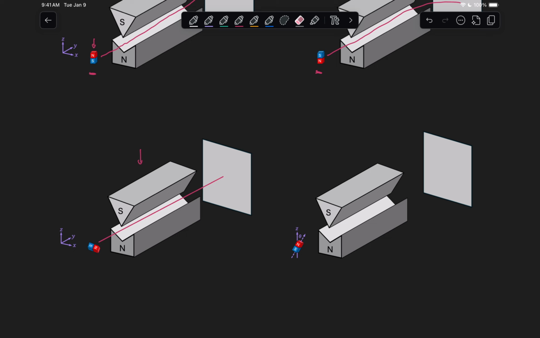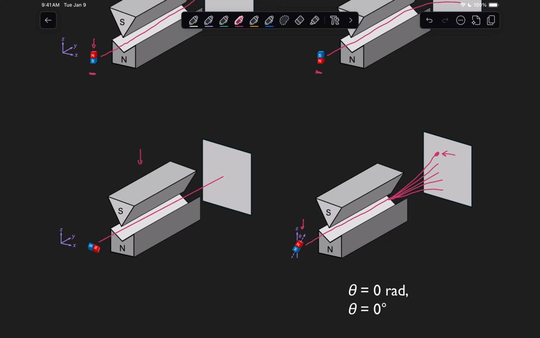More generally, if one were to align the magnet at an angle theta with respect to the z-axis, what we will see is that the bar magnet will deflect at different heights that are proportional to that angle theta. So for theta equal to 0, we will get the same as what we had for the magnet pointing in the north direction, so that gets the largest deflection in the positive z direction.